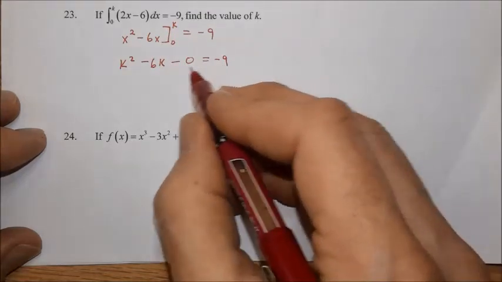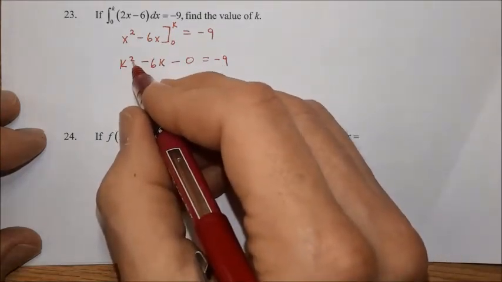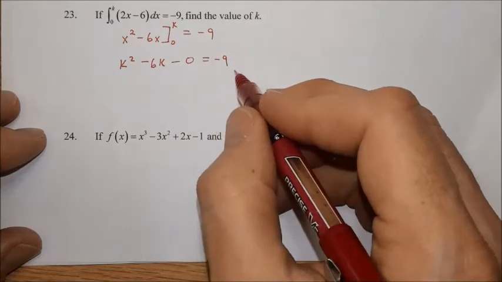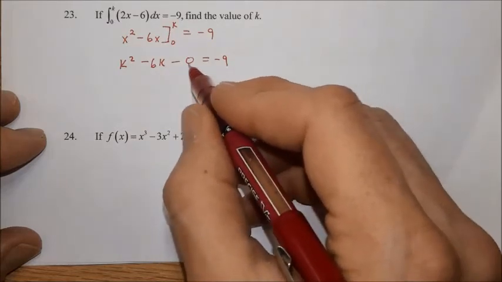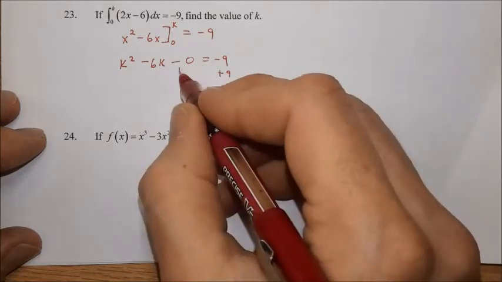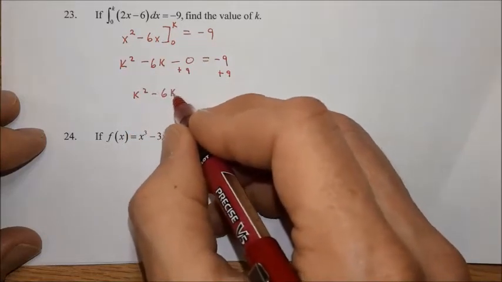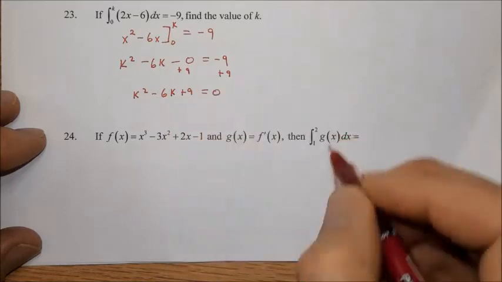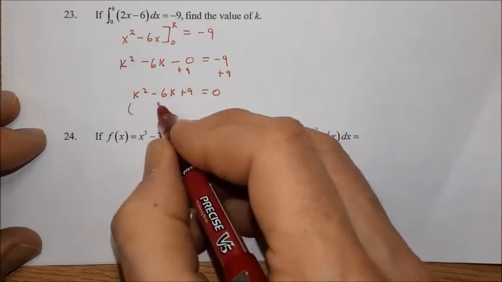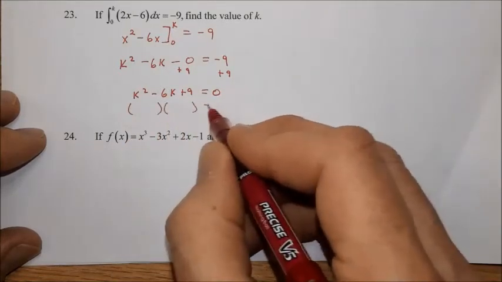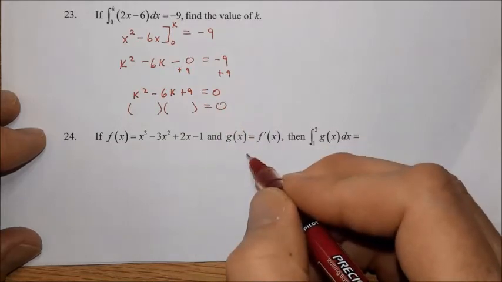Alright, so we have ourselves a quadratic. We see k squared. When we want a quadratic, we want to set it equal to 0. So we're going to bring the 9 over to the other side. We're going to add 9 to both sides. Doing so gives us k squared minus 6k plus 9 equals 0. This is a quadratic, so if it factors, well, it'll factor nicely into a product of two binomials.